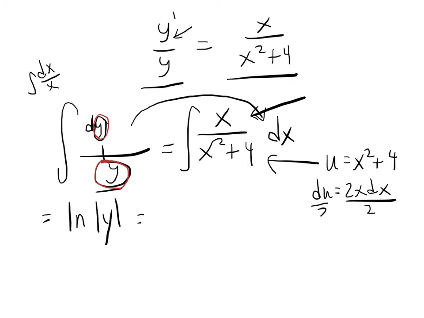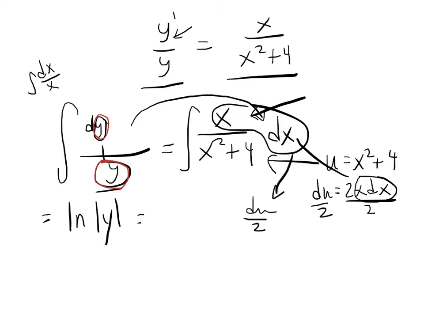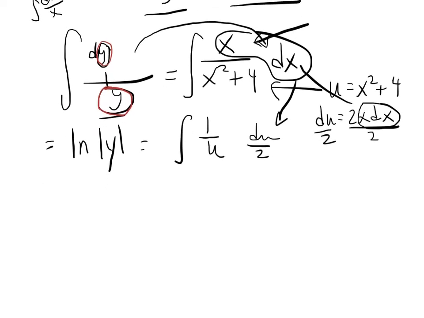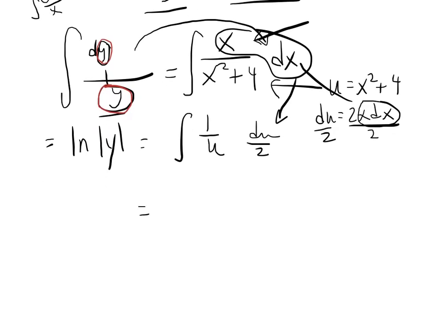So we can replace this with du over 2, and the x dx is there, and then du over 2 replaces that. Then we're left with 1 over u. Integrating that, we'll get natural log of u, which I'll plug in, is x squared plus 4, and then our plus c over here.